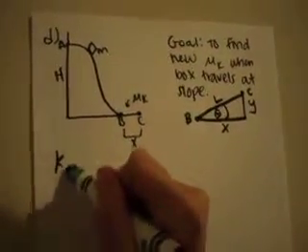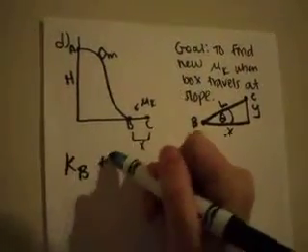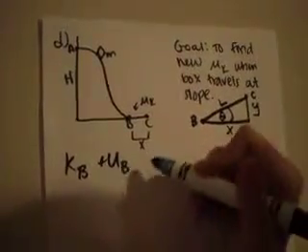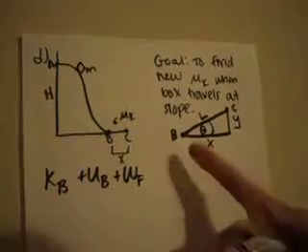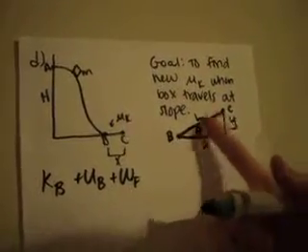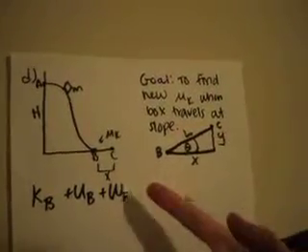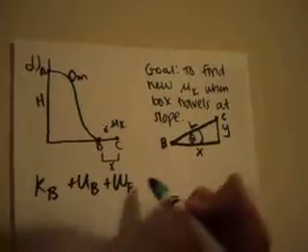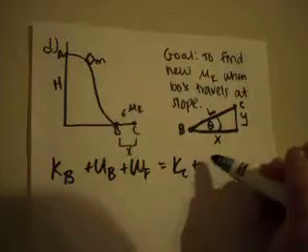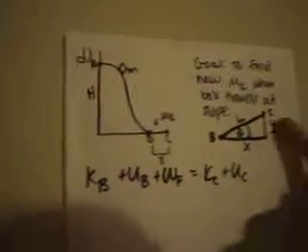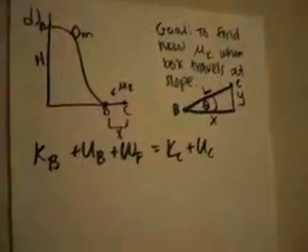So that's the kinetic energy at point B plus the potential energy at point B plus the work of friction, because here it's moving, so friction is working and using up some of the energy, equals the kinetic energy at point C plus the potential energy at point C, and it stopped there, so the friction isn't affecting it.